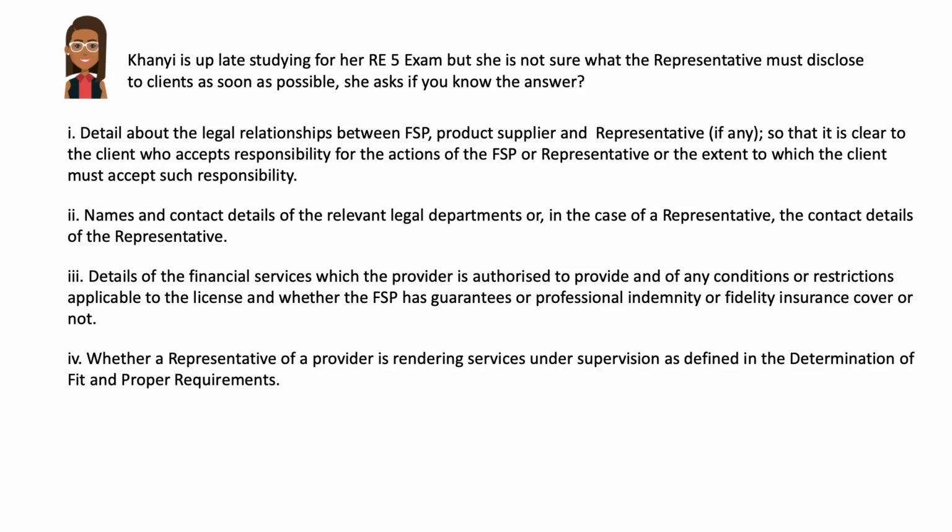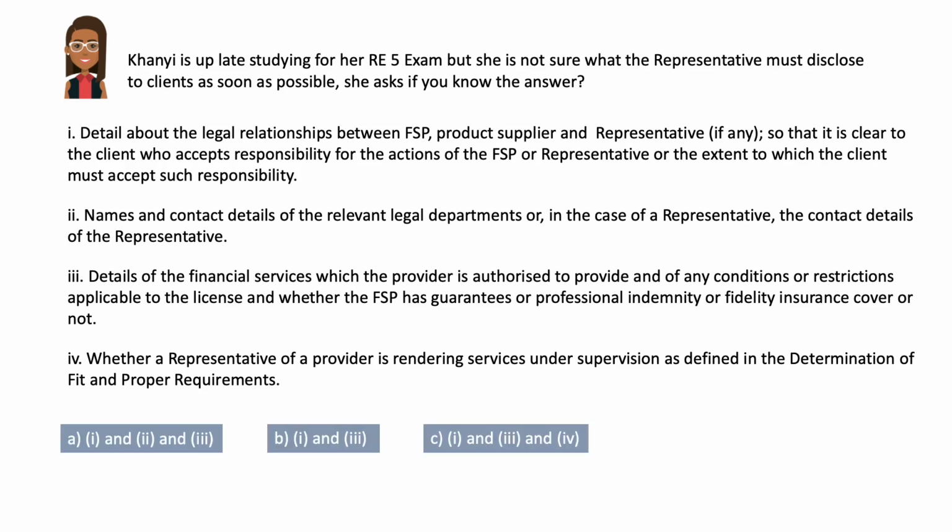Whether a representative of a provider is rendering services under supervision as defined in the determination of fit and proper requirements. You must choose between option A, B, C, D, or E.